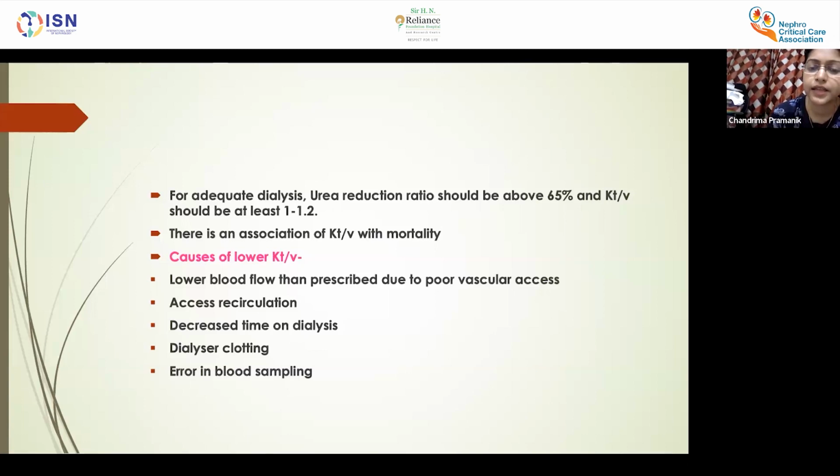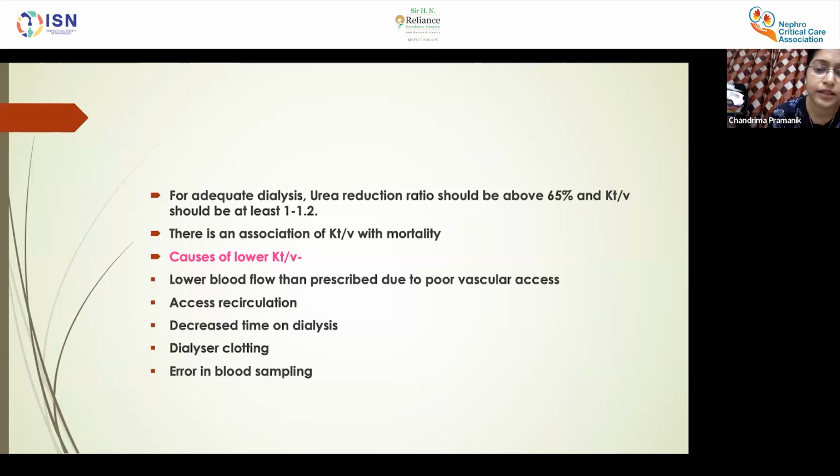In that case, there may be an erroneous calculation of KT by V. If there is decreased time on dialysis, it also leads to lower KT by V. If there is clotting in the dialysis, it can also lead to lower KT by V. If there is error in blood sampling, then also it can lead to lower KT by V.